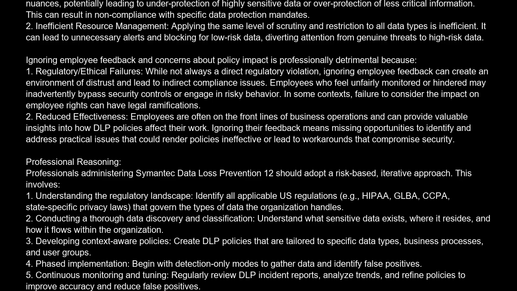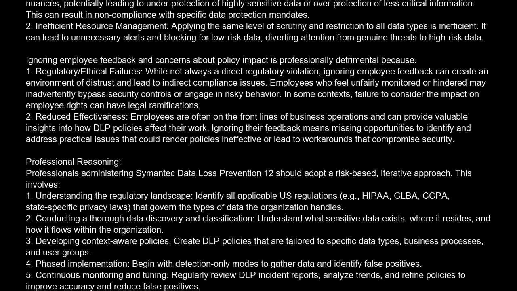Professionals administering Symantec Data Loss Prevention 12 should adopt a risk-based iterative approach. This involves 1. Understanding the regulatory landscape. Identify all applicable U.S. regulations, e.g., HIPAA, GLBA, CCPA, state-specific privacy laws that govern the types of data the organization handles. 2. Conducting a thorough data discovery and classification. Understand what sensitive data exists, where it resides, and how it flows within the organization. 3.